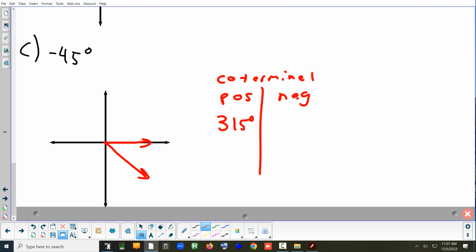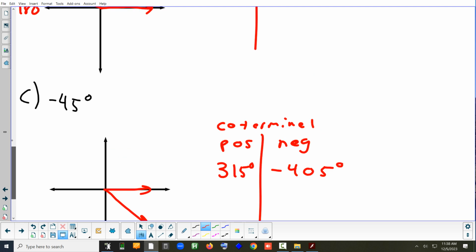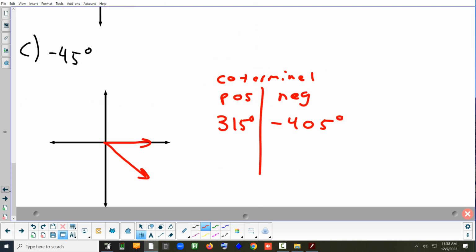Yep, this takes a little practice to get good at them. And what about an angle that's coterminal and negative? Negative 405. Yep. Okay, so any questions on sketching angles and finding positive and negative coterminal angles? Okay.